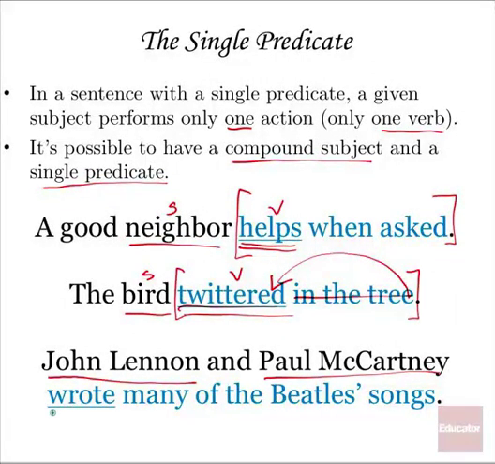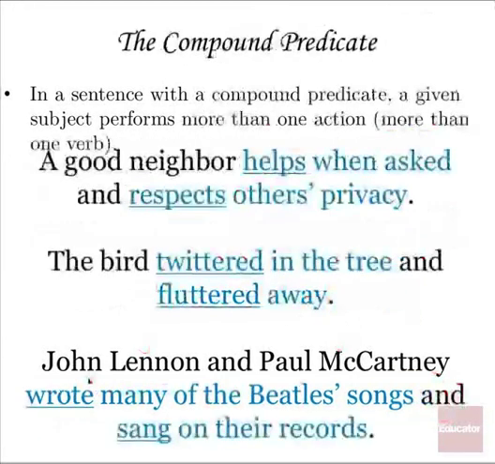But they did one activity. They wrote, the verb, many of the Beatles songs. And many of the Beatles songs is the object of the verb wrote. It's what they wrote. So you can have a compound subject, Lennon and McCartney, performing a single predicate. One action, they wrote many of the songs.